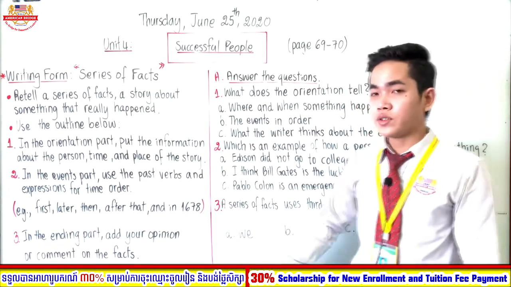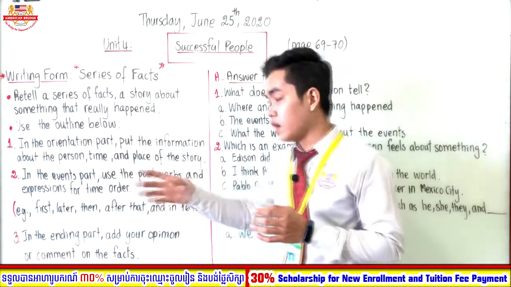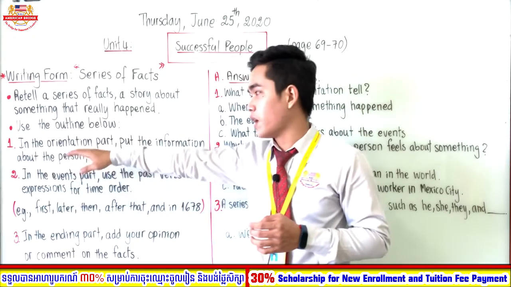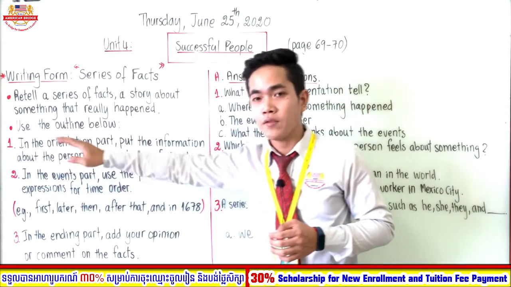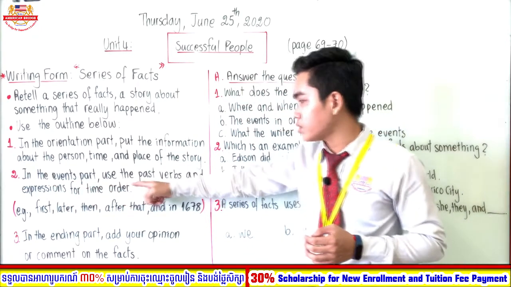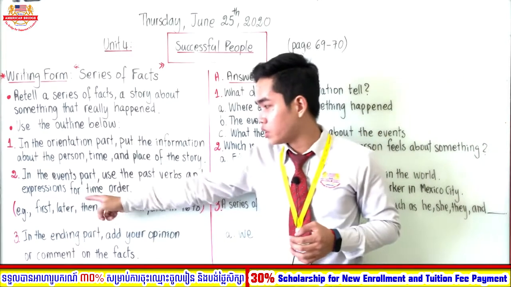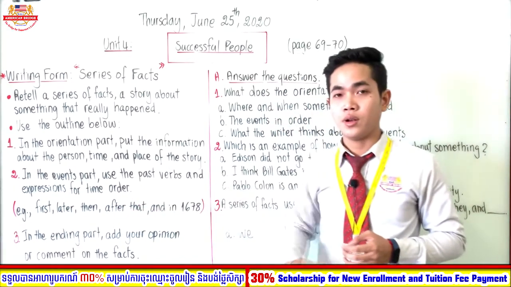Now let's move on to number 2. When we are done with our orientation part, we move to the event part, right? In the event part, use the past tense, use past verbs and expressions for time order.